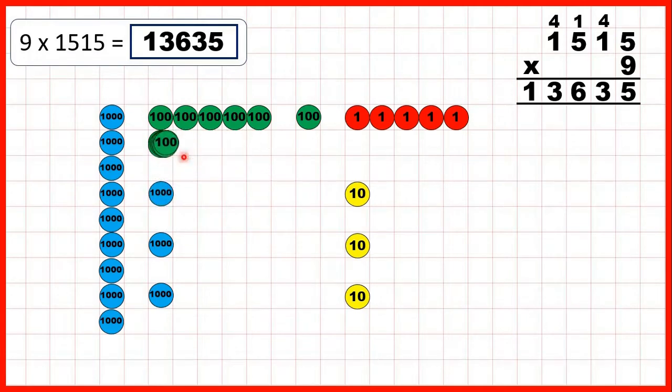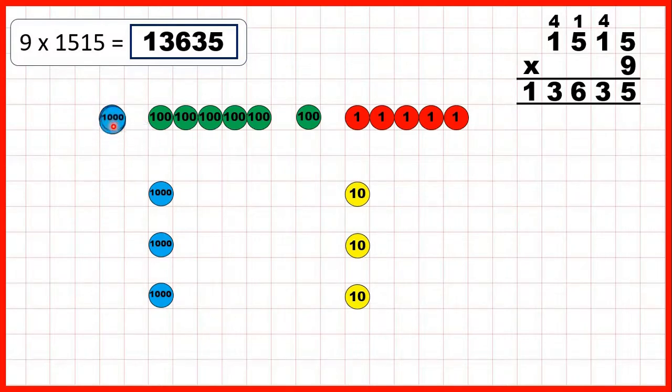So that's why we write 4 above our thousands and 6 as the hundreds digit of our answer. But now we have 13 thousands, and we can regroup 10 of those into 1 ten thousand. So now you can see that we have 1 ten thousand, 3 thousands, 6 hundreds, 3 tens, and 5 ones.